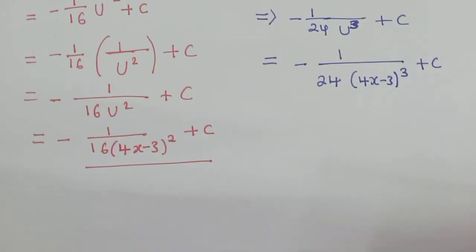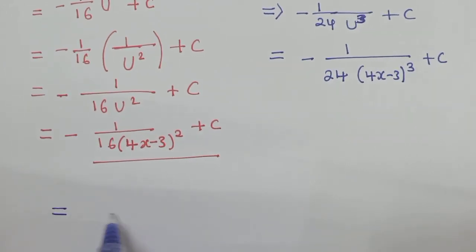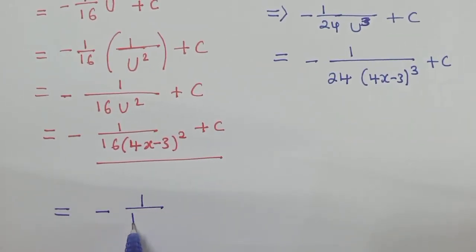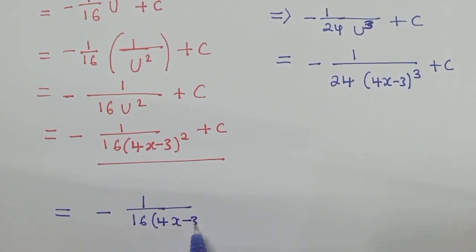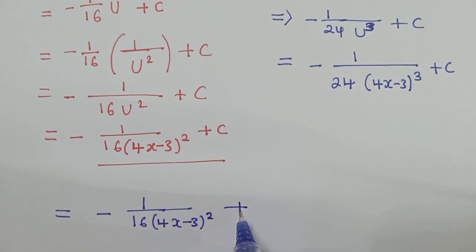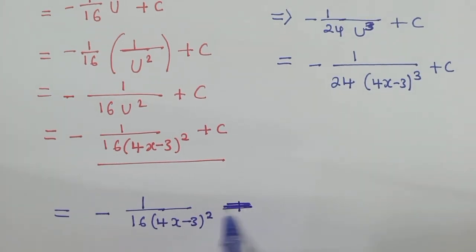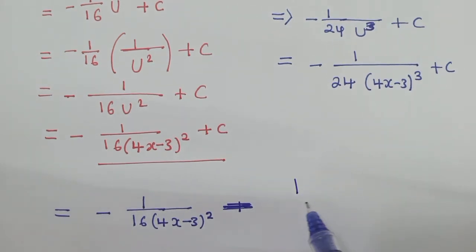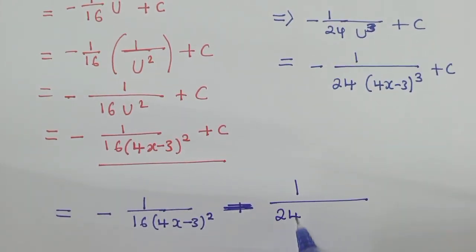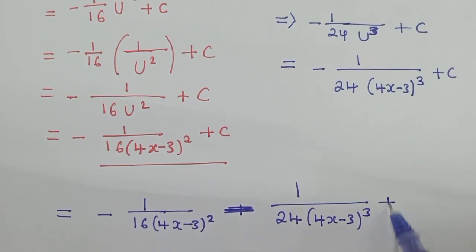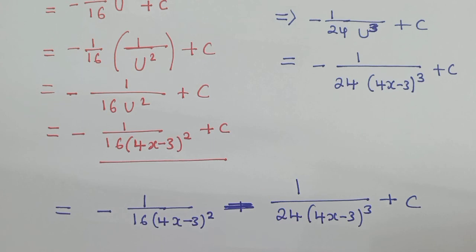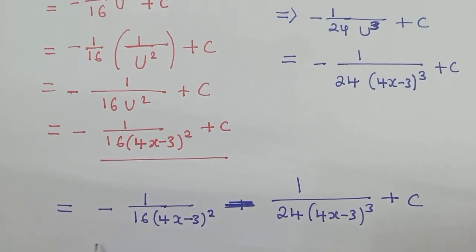Now we can write our final answer as negative 1 over 16 times 4x minus 3 power 2, actually now it will be minus because of this negative sign here, minus 1 over 24 times 4x minus 3 power 3 plus c. So this is our solution.